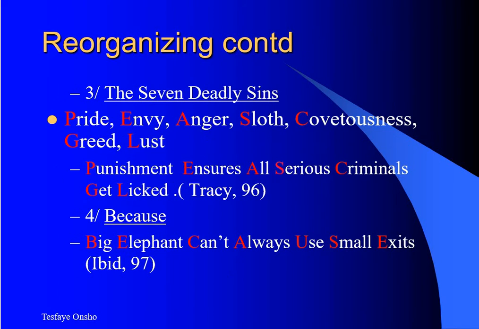Acronyms are one way. And look at these other examples. The seven deadly sins: if somebody is in a theology class or school, they can remember pride, envy, anger, sloth and the rest by putting those first letters together and using them to get a sentence like this one: Punishment ensures all serious criminals get licked.